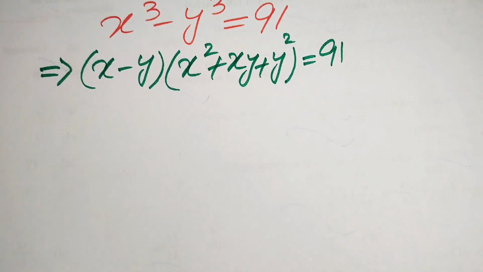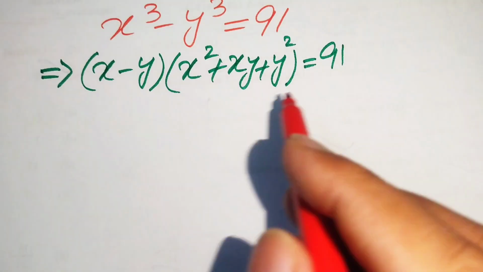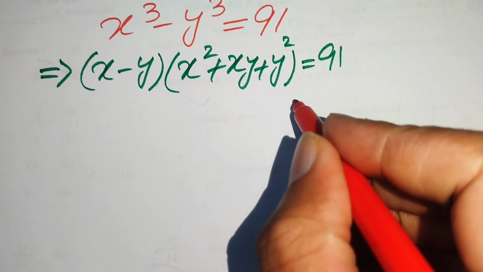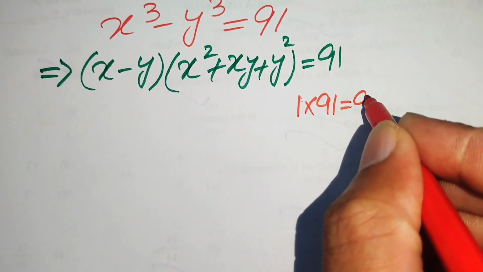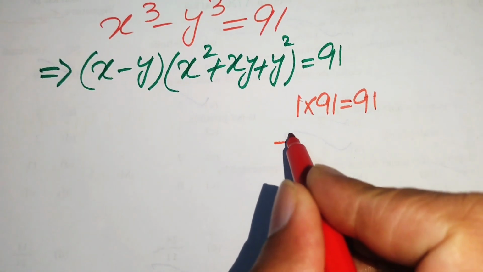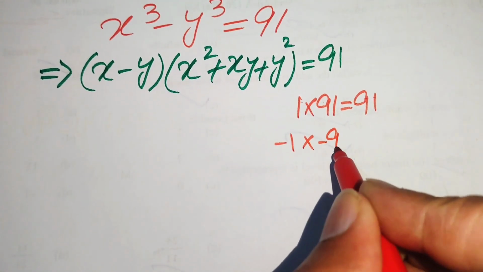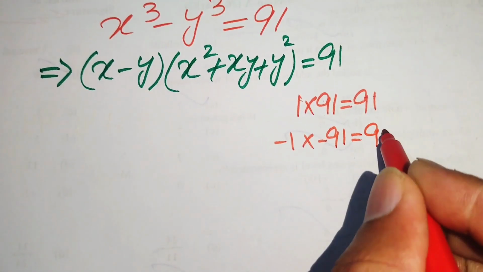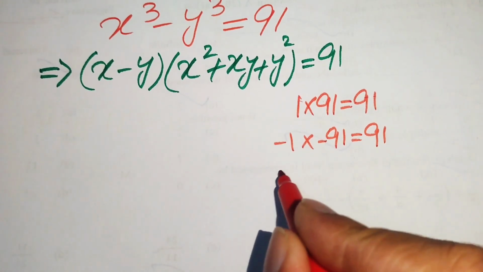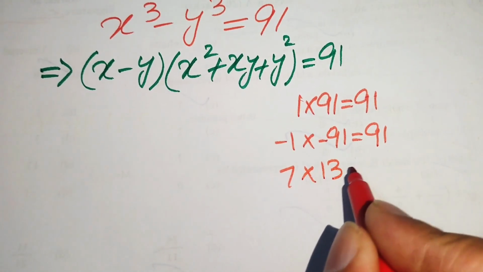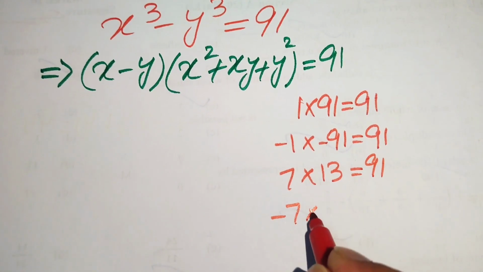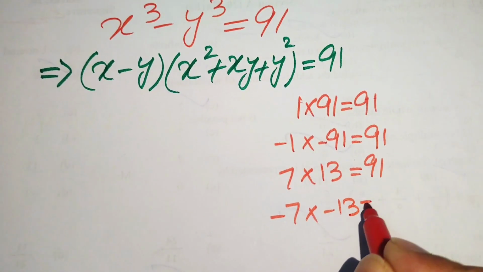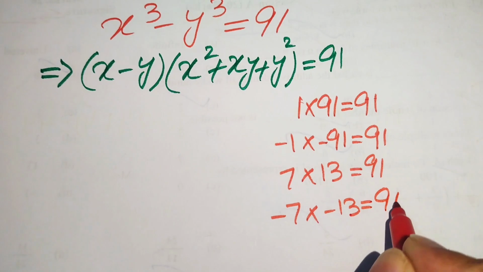The factorizations of 91 are: 1 times 91 equals 91, minus 1 times minus 91 is also 91, 7 times 13 equals 91, and minus 7 times minus 13 equals 91.